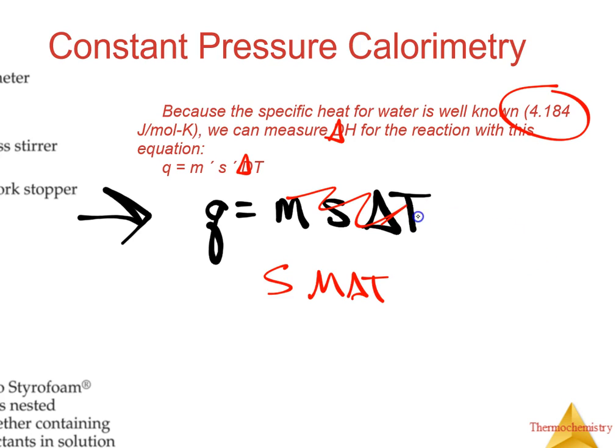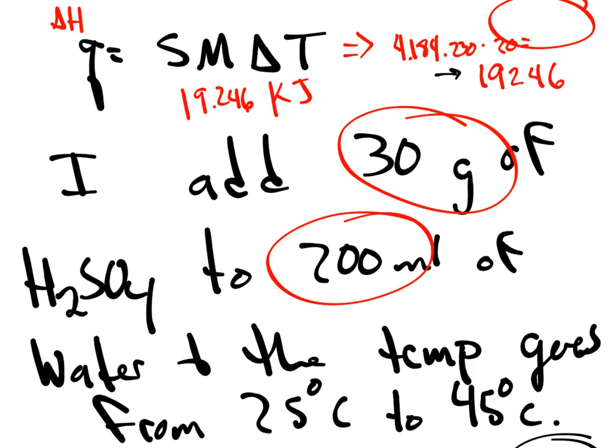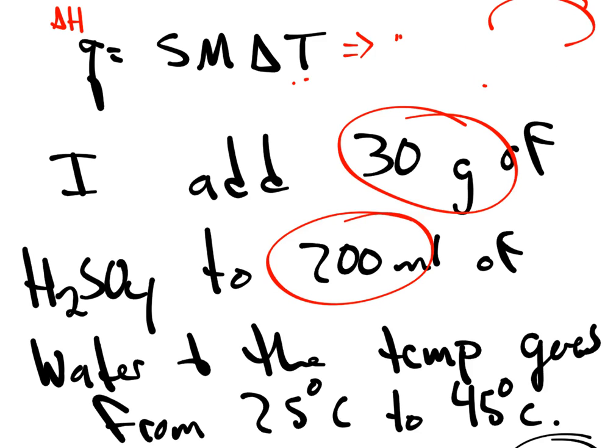Okay. So, time for some practice problems. All right, you can see the answer right there. Let me erase all this. But here we go. I add 30 grams of sulfuric acid to 200 milliliters of water, and the temperature goes from 25 to 45.